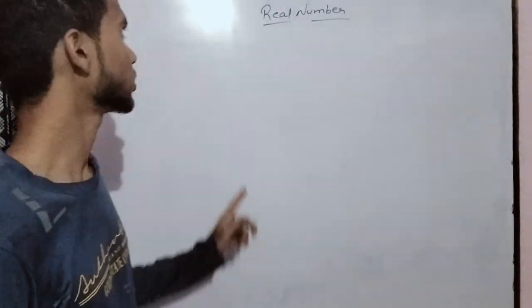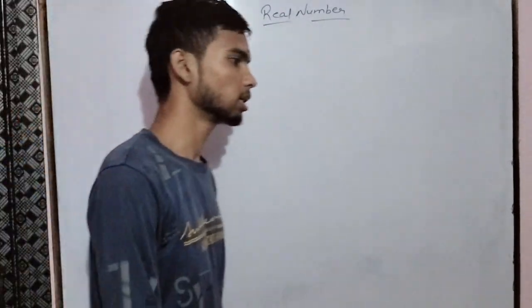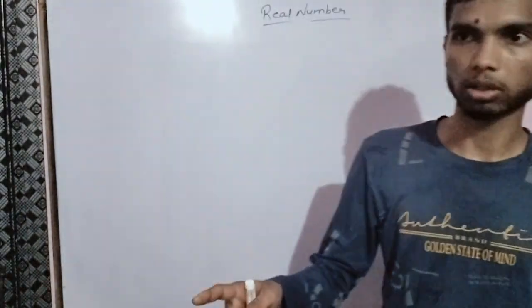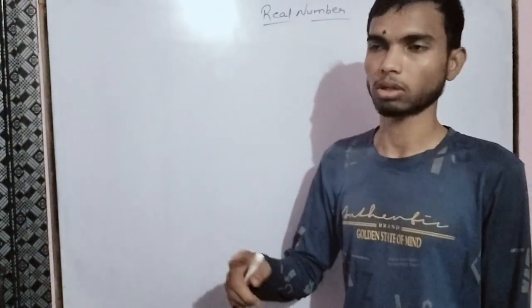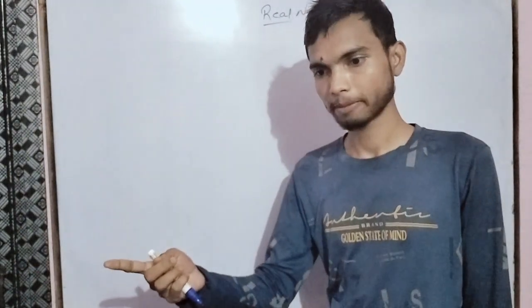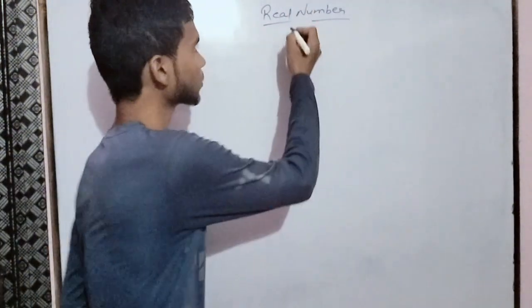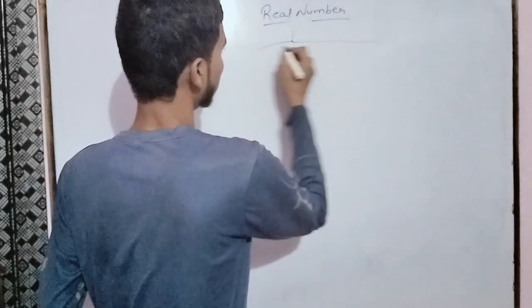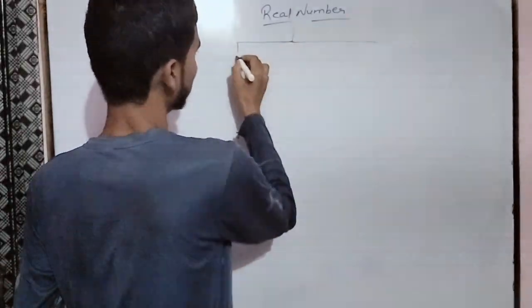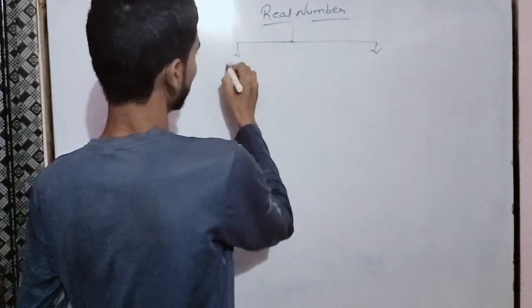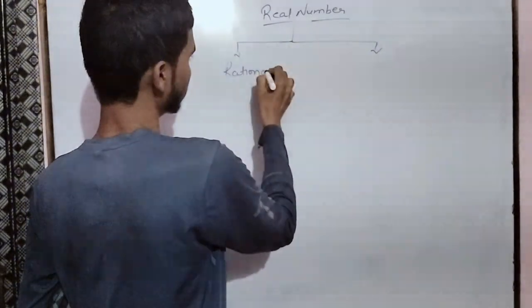So we are starting from real numbers. As you know, real numbers have both, which I can write as rational numbers and irrational numbers.